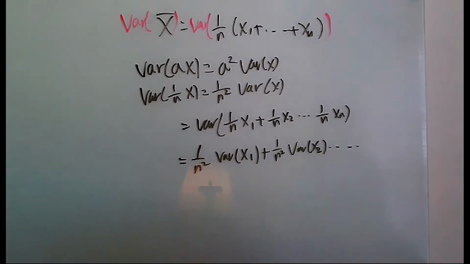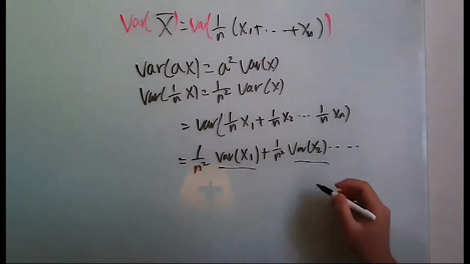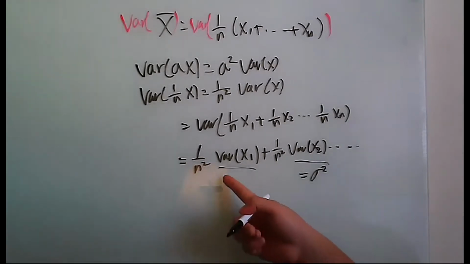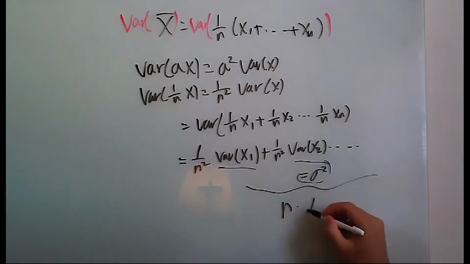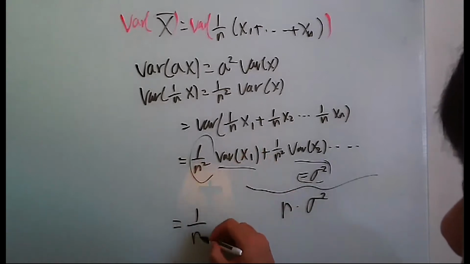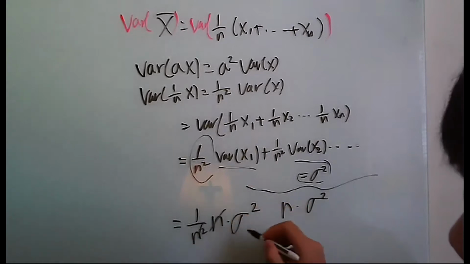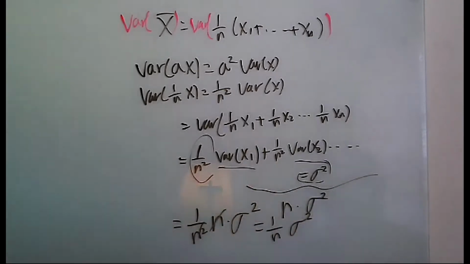We made the assumption previously that variance of x1 equals variance of x2 equals variance of xn, which equals sigma squared. How many sigma squared are available? There are a total of n, right? So we have n times sigma squared. If we factor out 1 over n squared, it's going to be 1 over n squared times n times sigma squared. If we cancel out, it's going to be 1 over n times sigma squared. This is how you do that.